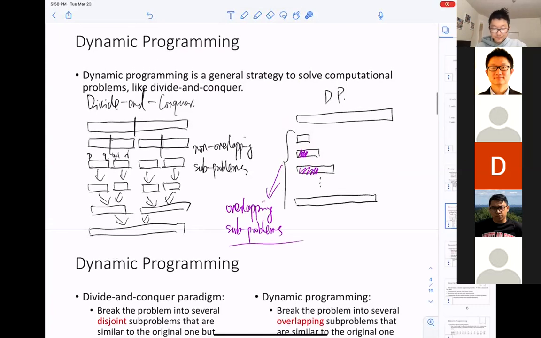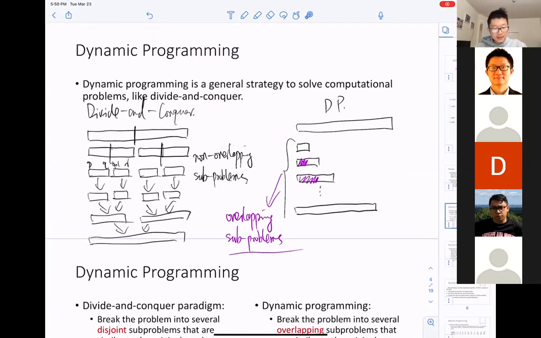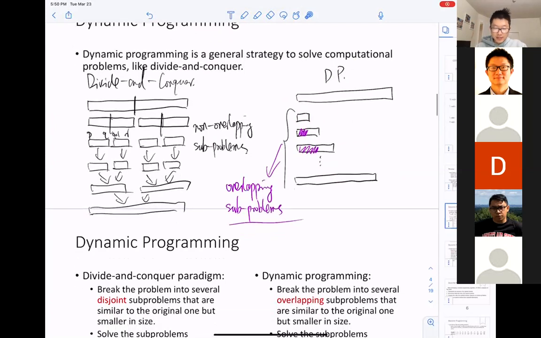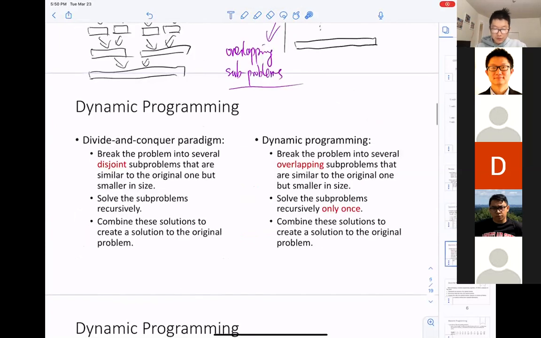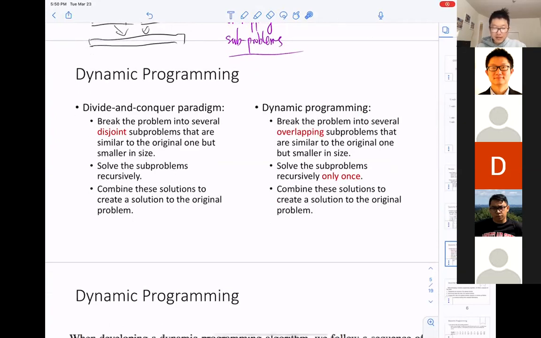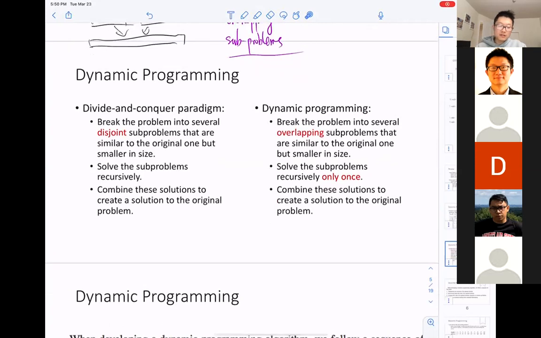Maybe this is very abstract for you, but it will be clear later when I present a concrete example. Divide and conquer breaks the big problem into several disjoint subproblems, whereas dynamic programming breaks it into several overlapping subproblems. That is where we should use dynamic programming rather than divide and conquer.